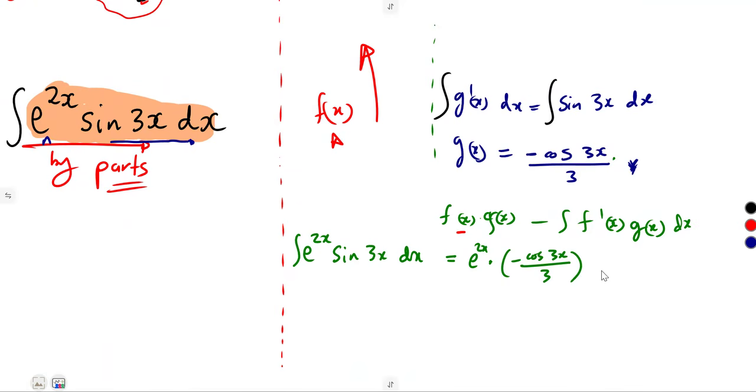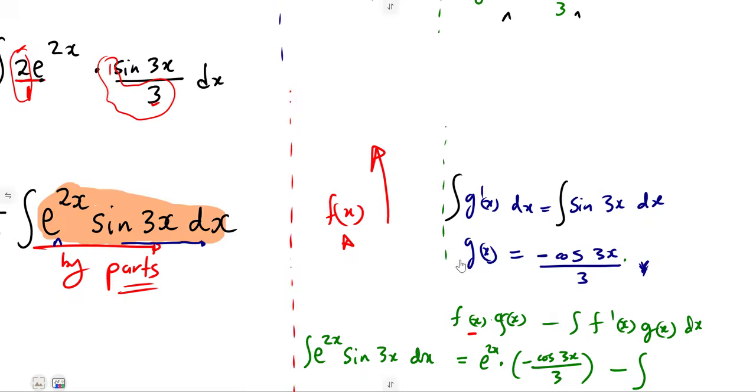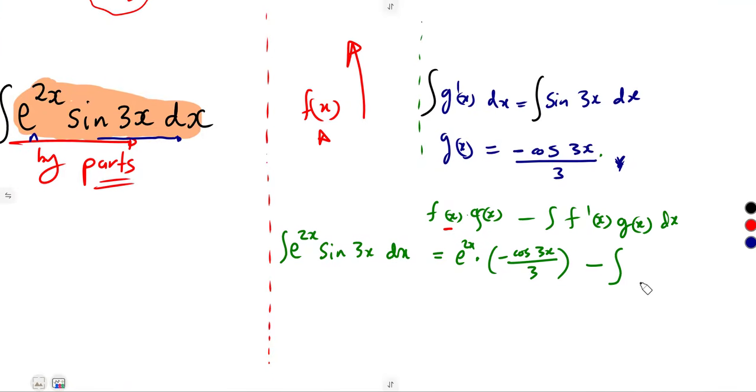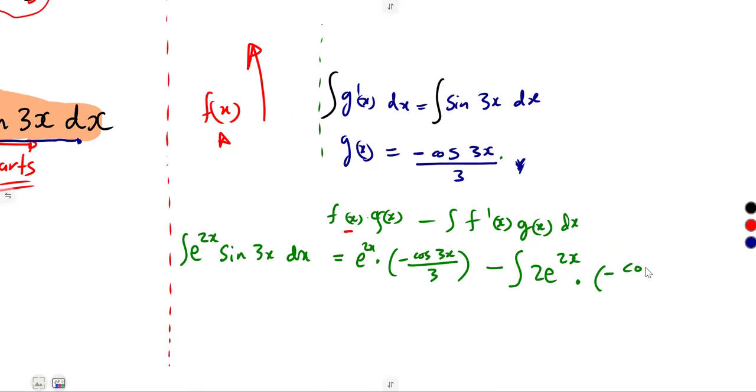Minus the integral of f prime, from our f of x. Remember, this is our f prime, e to the exponent of 2x, by g x, remember this is our g x, which is negative cos of 3x, everything over 3.